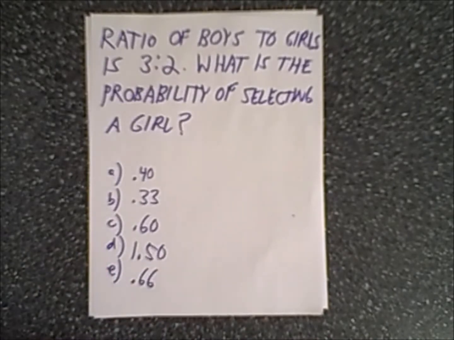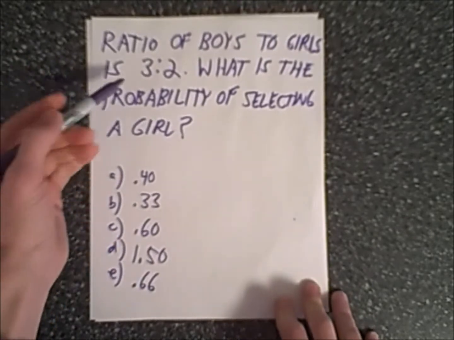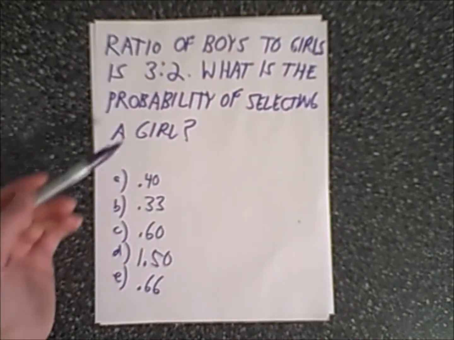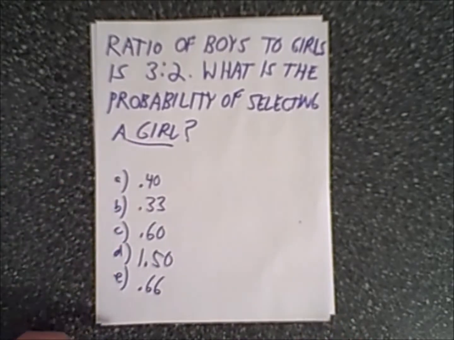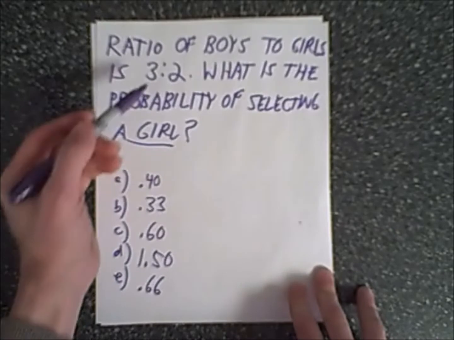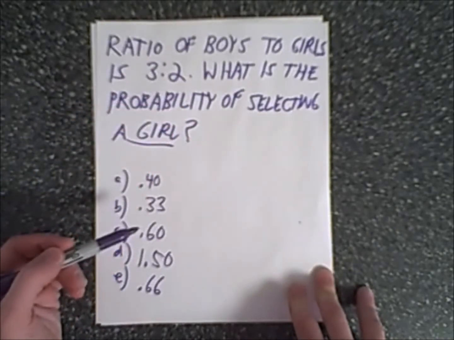And finally, a ratio probability question. Here we have a ratio of boys to girls of 3:2, and we want to find the probability of selecting a girl. So the first thing to remember is that a ratio and a probability, although they have a relationship, are not the same thing. A ratio is simply saying for every 3 boys, you're going to have 2 girls.